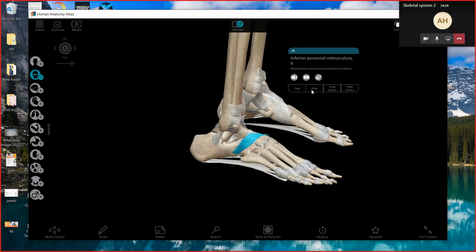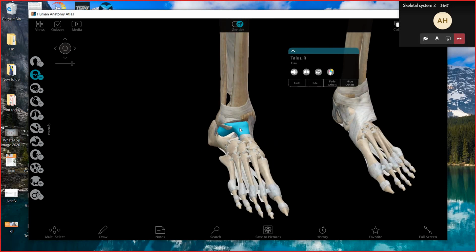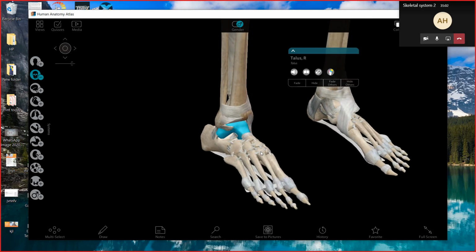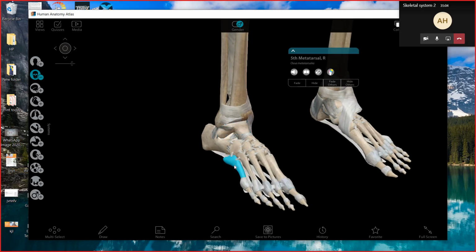Look here, this part is called tarsals. Here its name is talus, but we will study it as tarsals. And then here we have metatarsals, and then phalanx.